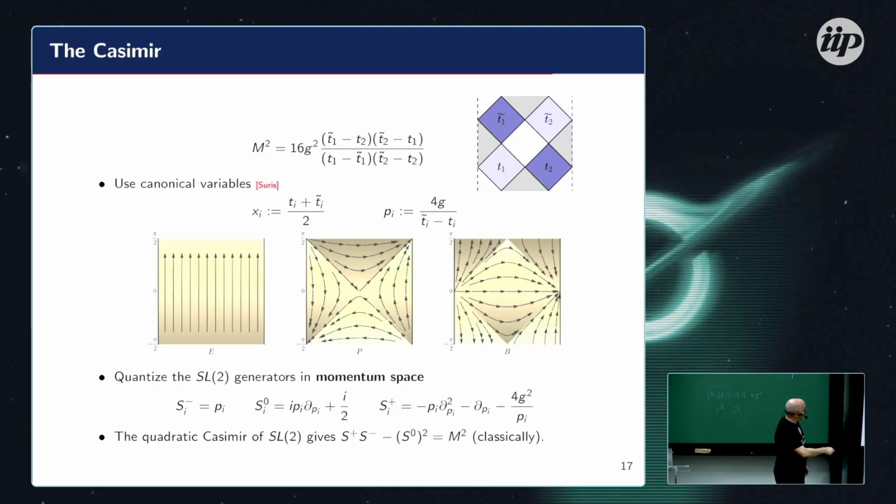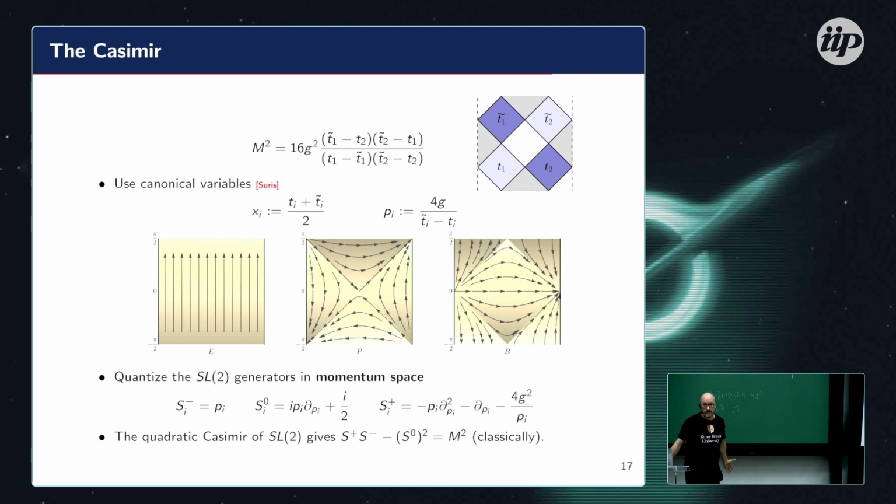And notice that I'm in momentum space. So I quantized everything in terms of these P's. And before quantization, if I just take the quadratic Casimir, then I get this Hamiltonian back.